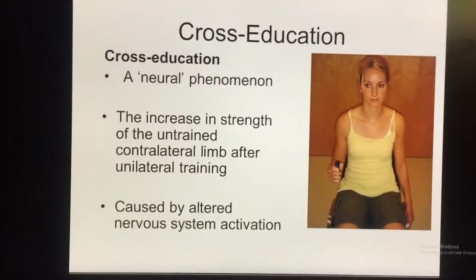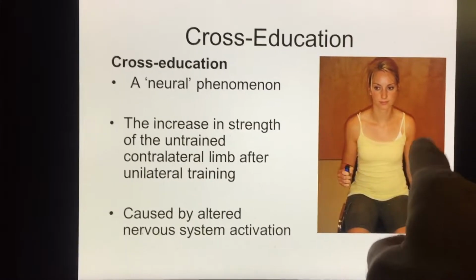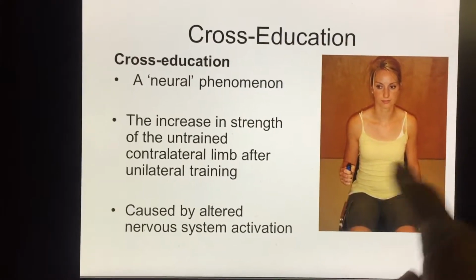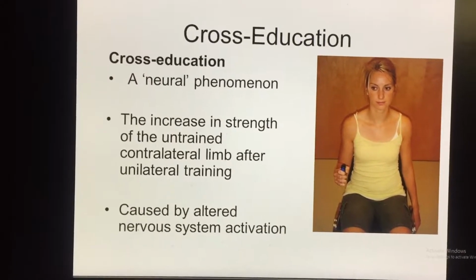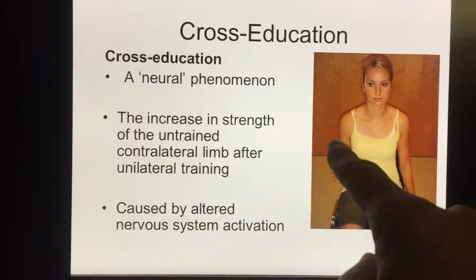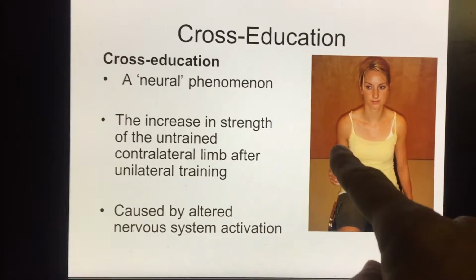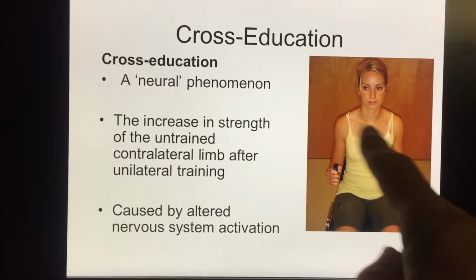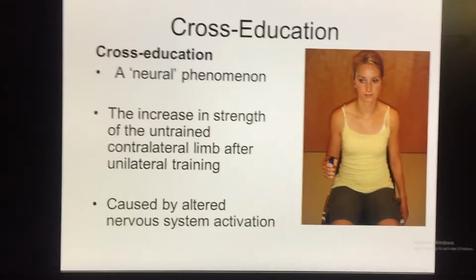So contralateral just means the opposite limb, either in the upper body or in the lower body. And this is caused by altered nervous system activation. So essentially this involves training of one limb over weeks or months, and you will see an increase in strength of not only the trained limb, but also the contralateral limb.